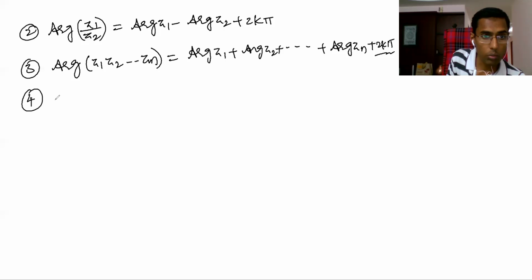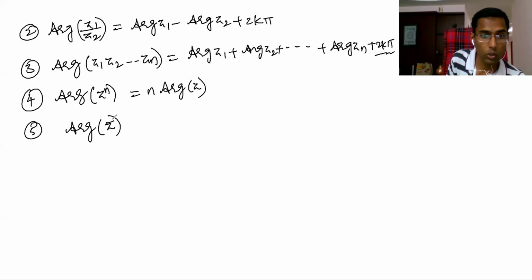Next, argument of z to the power n is n into argument of z. From the previous property, if you put all of z1, z2, z3 as z, then you get this. Next, argument of z bar equals minus argument of z.